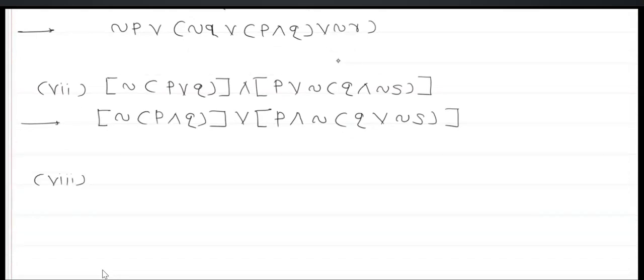Next is the eighth one. C, that is a contradiction. Then C is replaced by T.